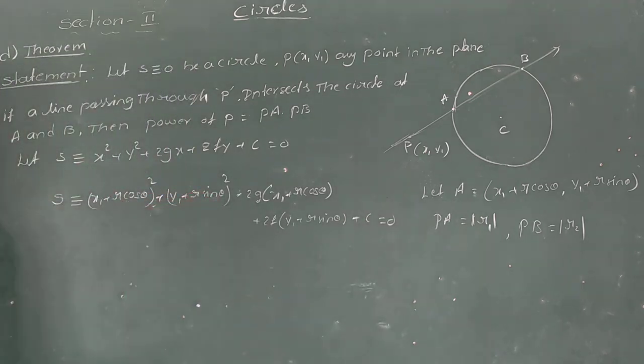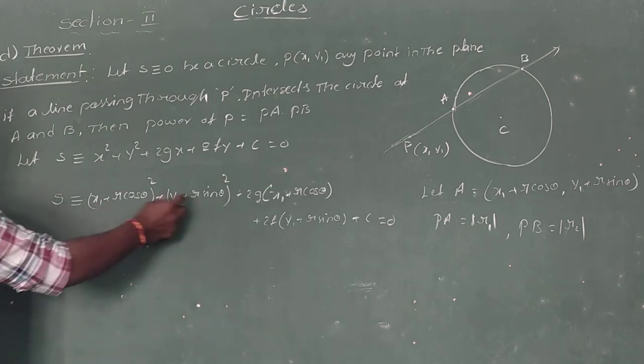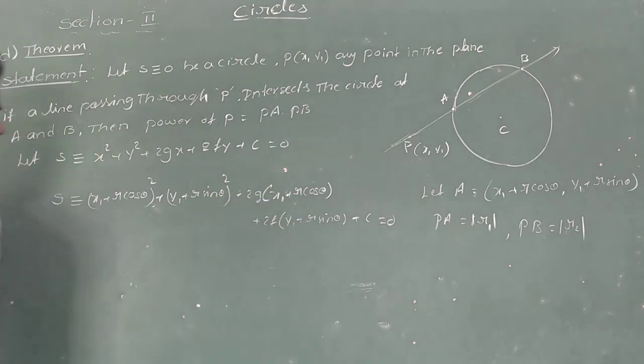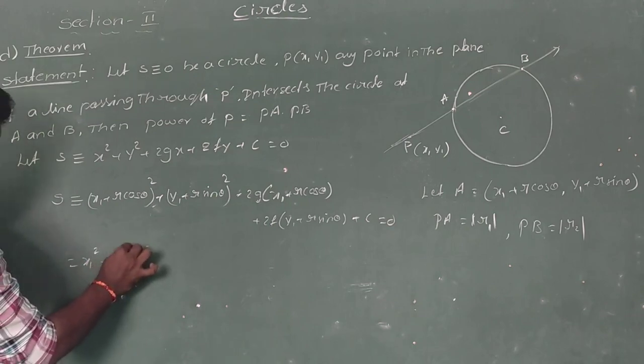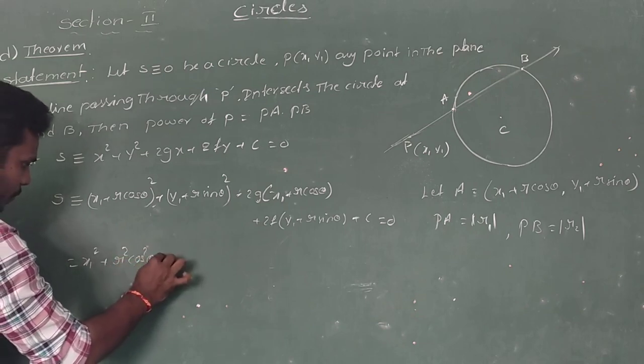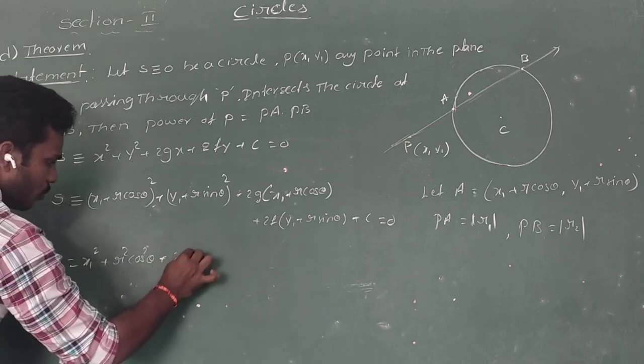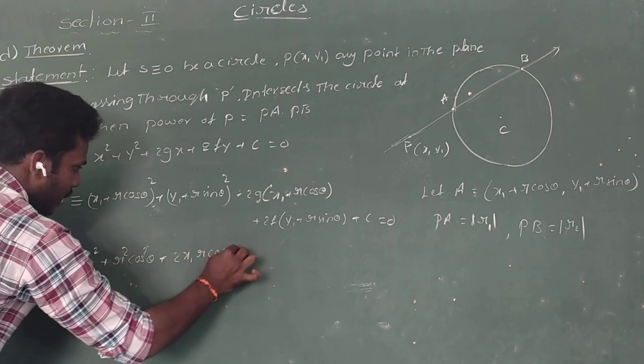When we simplify this, it's the a plus b whole square formula, again a plus b whole square formula. You can get x1 square plus r square cos square theta plus 2x1 r cos theta.